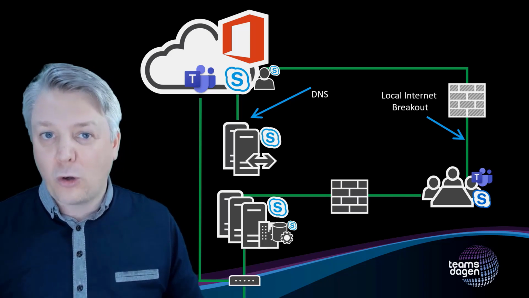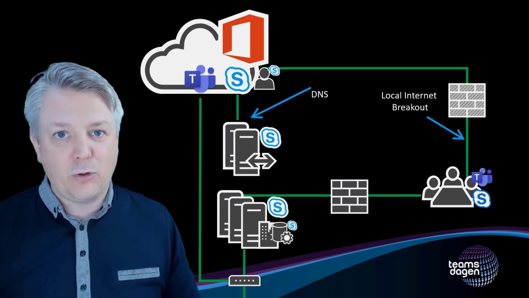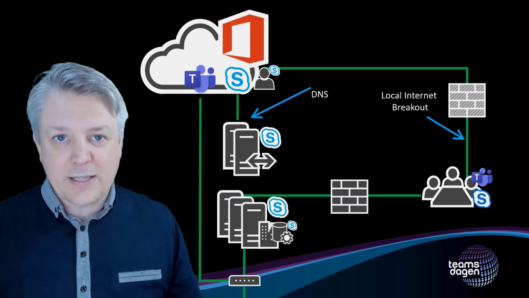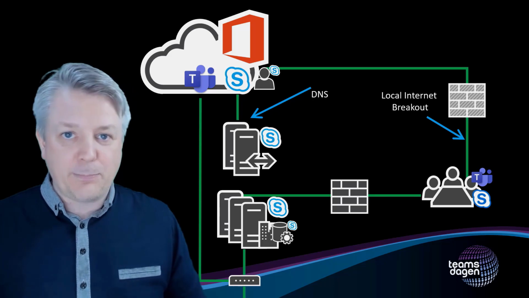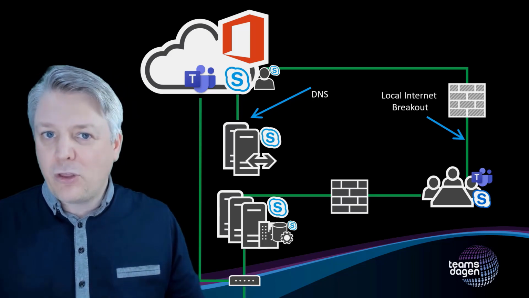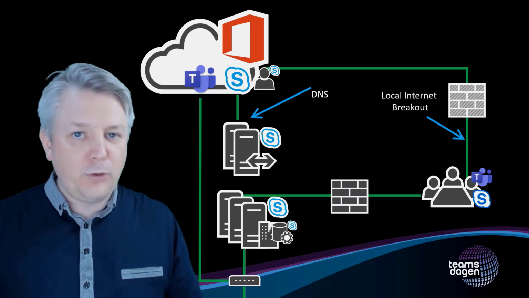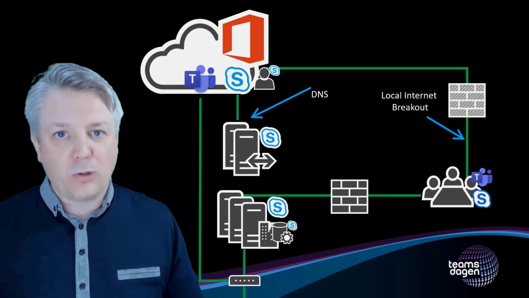Especially if you have a global environment, you don't want to break out in Europe if your meeting rooms are based in the US, for instance. This is a general principle for connecting to Microsoft Teams. Whether it's on the computer or other devices, we want them to break out locally.